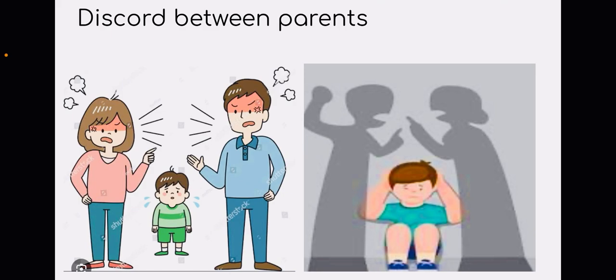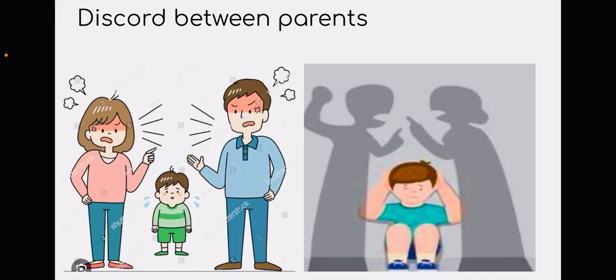But these kids will remember who scolded them or who made them feel bad for a very long time. Nowadays, commonly you can see a history where there might be a discord between parents, some kind of an abuse or neglect, or even some discord between friends.